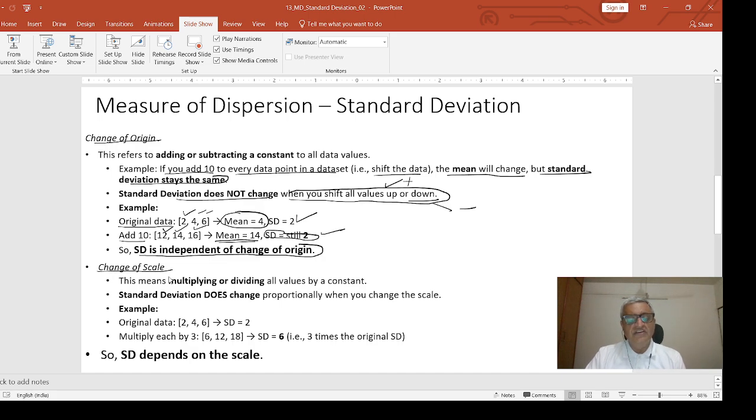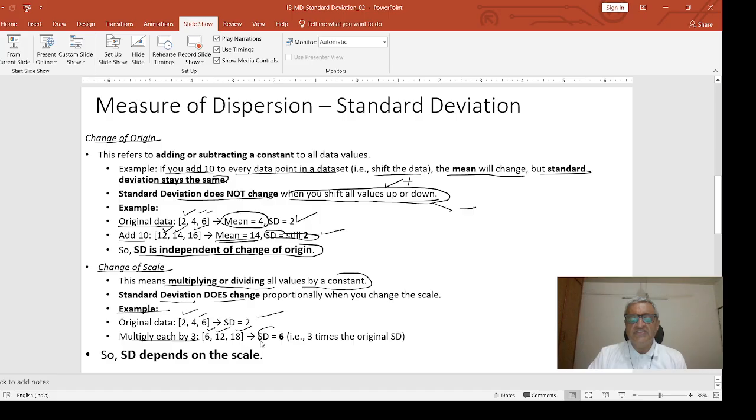What's change of scale? This means multiplying or dividing all the values by a constant. Standard deviation does change proportionally when you change the scale. Example, now my original data is 2, 4, 6, and standard deviation is 2. I'm multiplying each element by 3. So my new data set is 6, 12, 18.